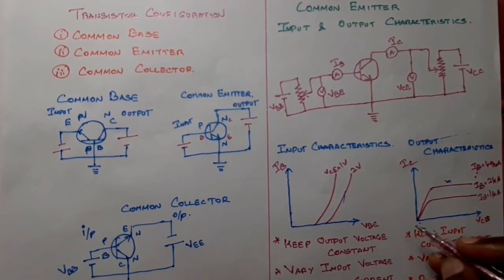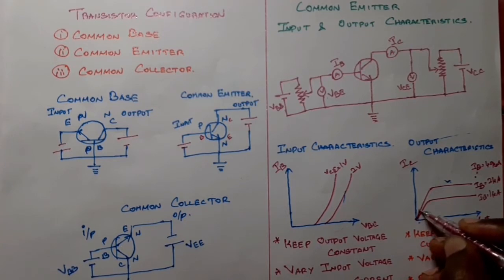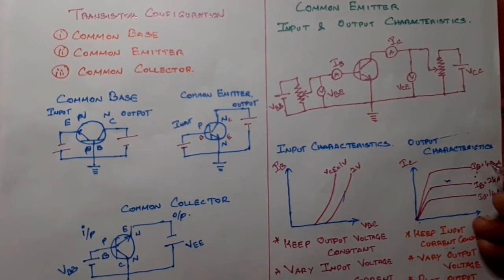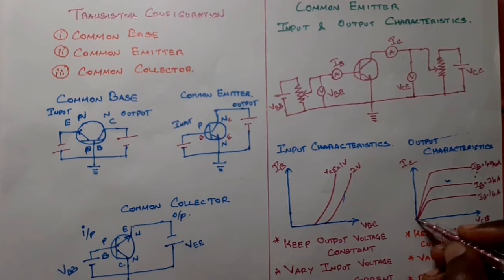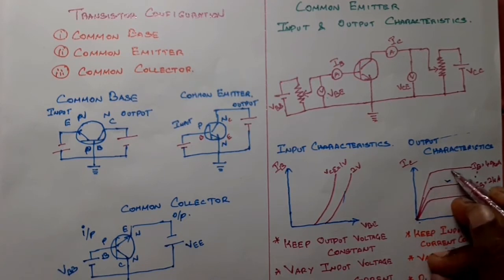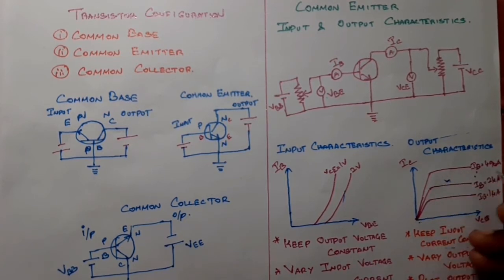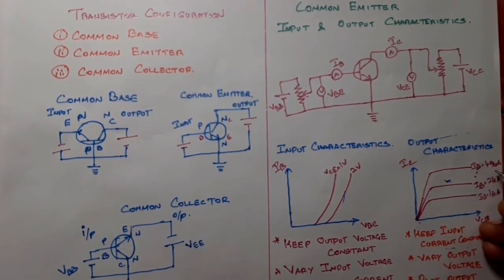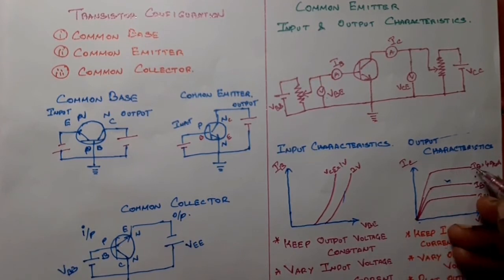The current increases, after that it becomes constant. If I increase beyond 40 microampere, I get the same output as the previous value. Even with 50 or 60 microampere, I get the same output.